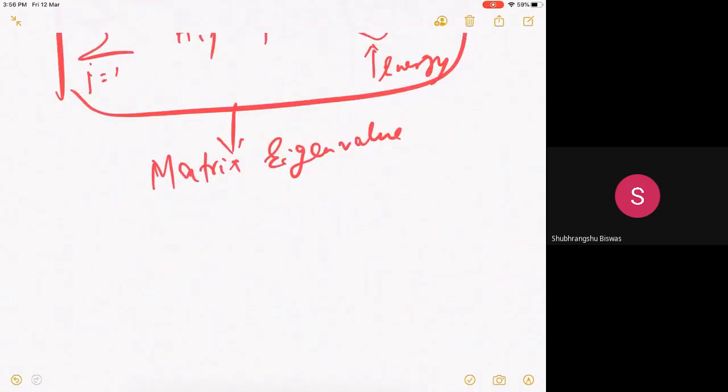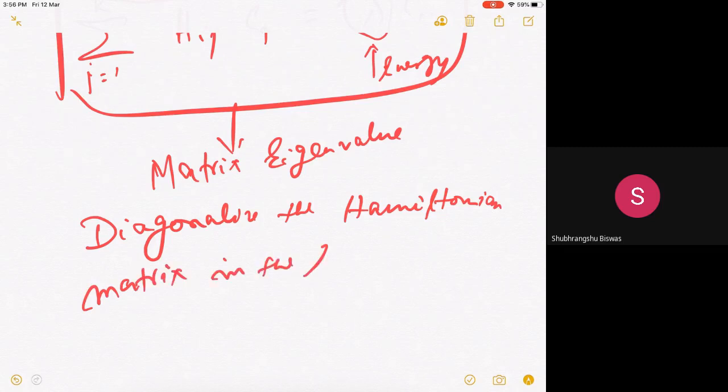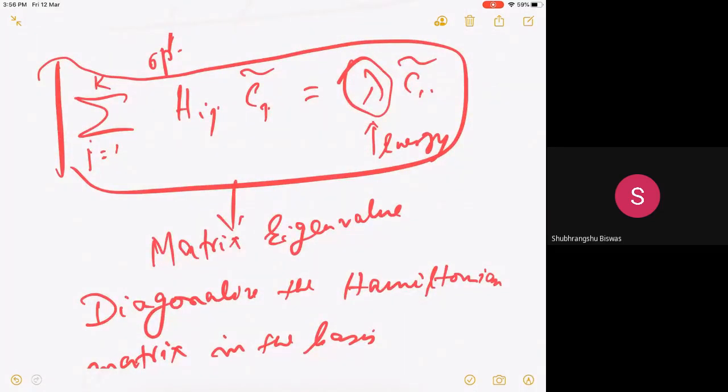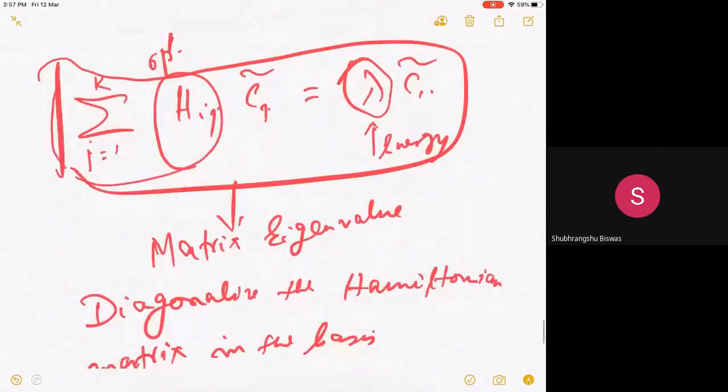So the recipe of a linear variation is to diagonalize the Hamiltonian matrix in the basis. That's it. What is the dimension of this H_ij? As much as chi I and chi j, so this is a k by k matrix. Your k was the number of basis functions, and then of course the energies will also number k, and everything is done.